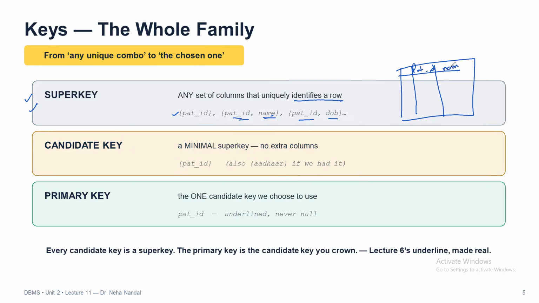Patient ID, name. Suppose two patients have the same name, Ravi and Ravi, and their patient IDs are 101 and 103. Now, how will you identify Ravi, the patient first? And how will you identify this Ravi, the patient third? Then you can take a combo of both together: 101 Ravi and 103 Ravi.